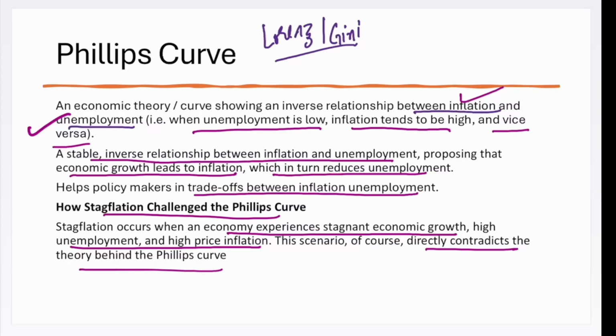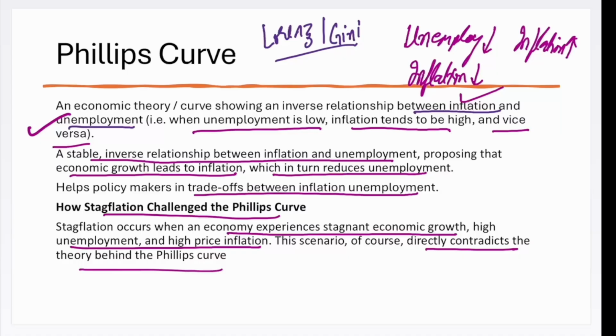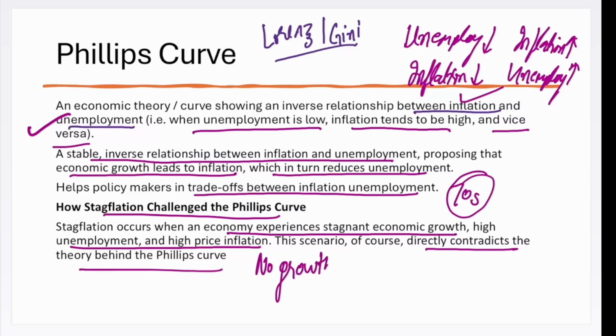The Phillips curve basically says that when unemployment is low, inflation will be there, and if you lower inflation, it is because unemployment is low. That was the inverse relationship he developed. But then there were scenarios in the 70s where economies were not growing, inflation still remained high, and there was high unemployment. So this scenario challenged the Phillips curve.